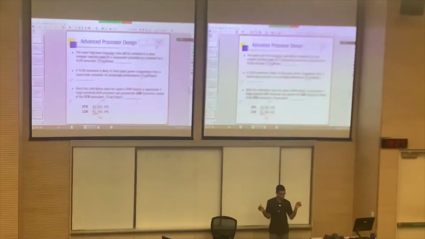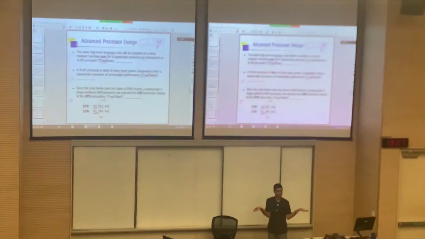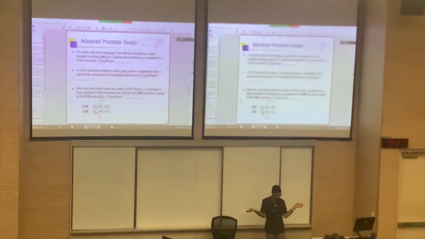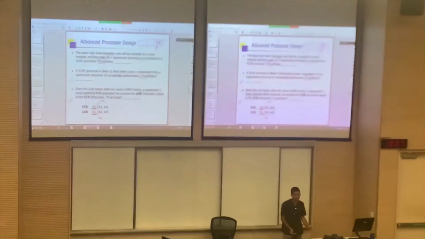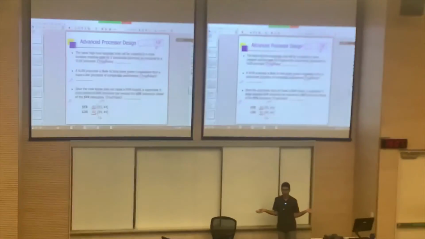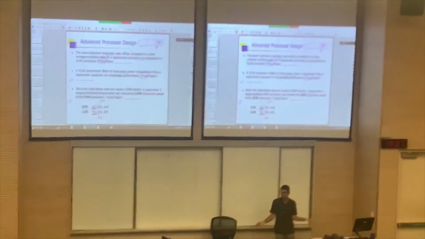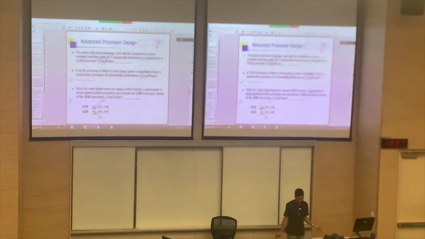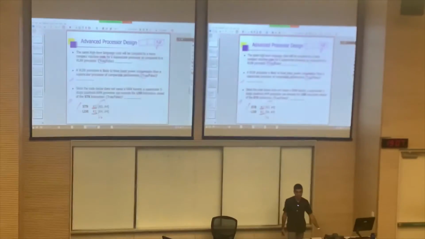So any coupling between them is now decoupled, and it's really fine to be decoupled because this R2 and this R2 refer to totally different things. They refer to the same thing only when there is a true data dependency. Otherwise, they don't refer to the same value. So you can use separate physical registers, rename, and now LDR can potentially get ahead of STR.